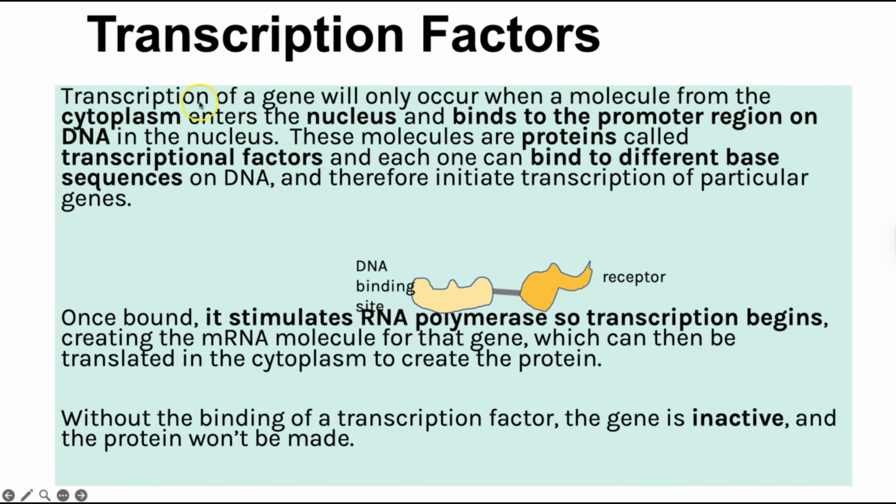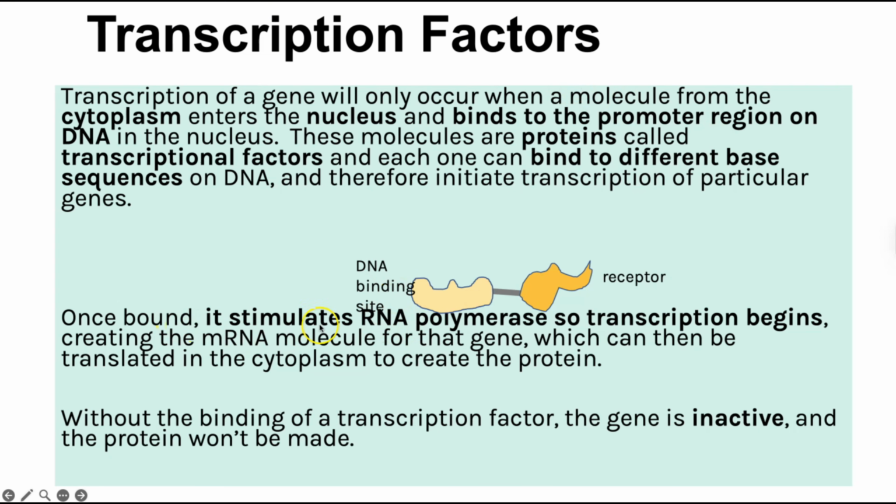And this links back to topic 1, knowing that because transcriptional factors are proteins, that means they have a unique tertiary structure. So it gives it that unique 3D shape. And that means it will be able to bind to a sequence of bases complementary in shape. So remember that concept of tertiary structures and complementary shapes.